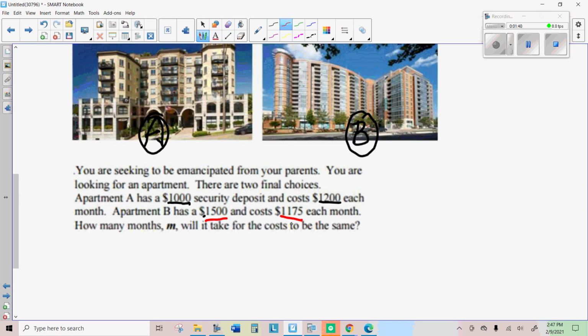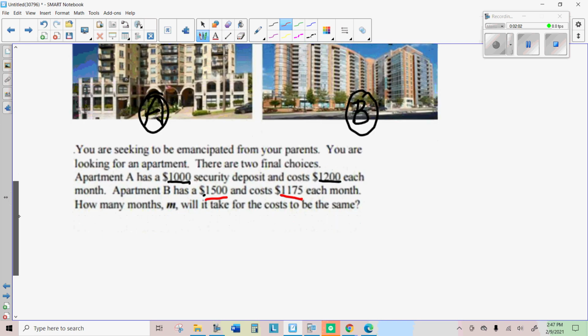So right away you should see that it costs you a little bit less in apartment B per month, but a little more in security deposit. Apartment A costs you a little bit less in security deposit and a little bit more each month. So it kind of depends on how long a lease you have to sign, how long you're going to stay there.